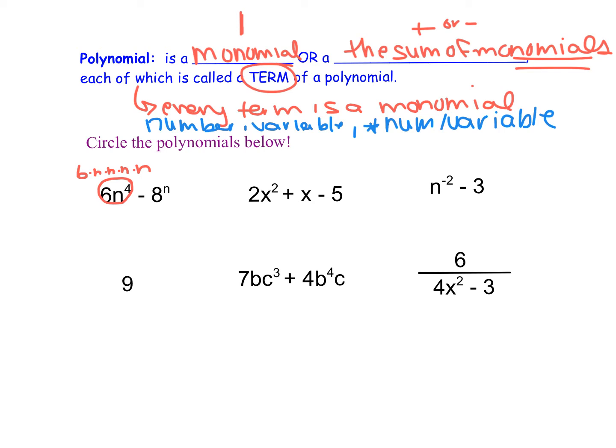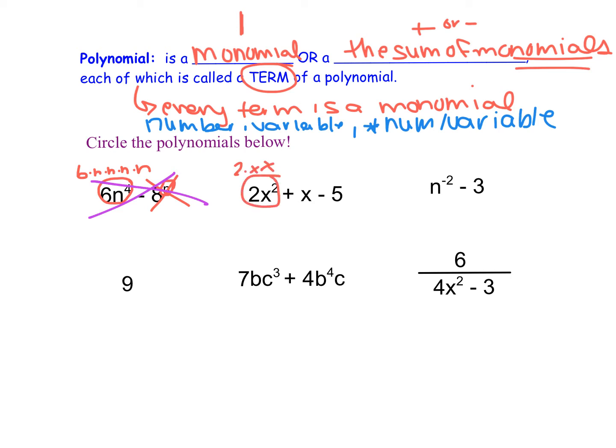But then if I look at the next one, what I notice is that I have a variable in an exponent. A variable in an exponent is not considered a monomial. And as a result, because I have one term that is not a monomial, this entire thing cannot be a polynomial.